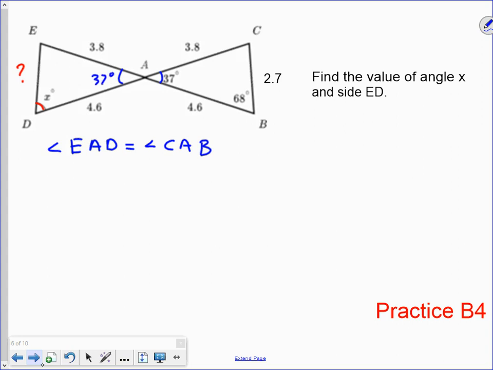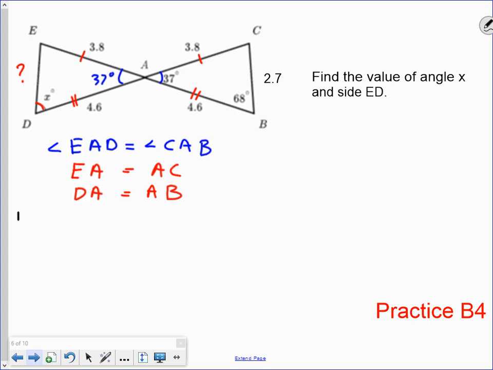What else do we know? We've got sides that match up. We know that side EA and side AC are the same, and we know that side DA and side AB are the same. So we've got two sides that are the same and the angle that's in between them.